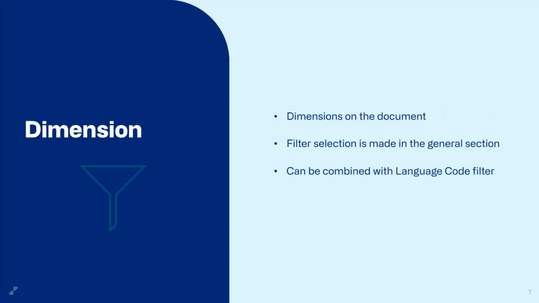The dimension code is also reserved to only work with the language code, and it is also selected in the general section of the template. And the dimension code, of course, opens up for a little more freedom, as you can set these up as you like. And this is also the filter that I will be using in the examples that I'll be showing today.